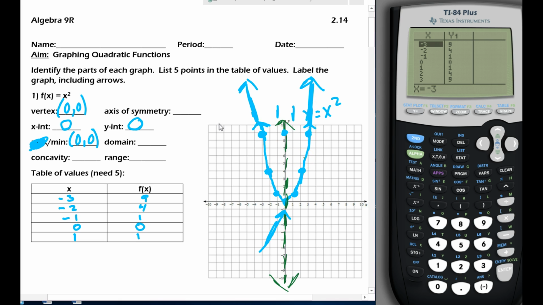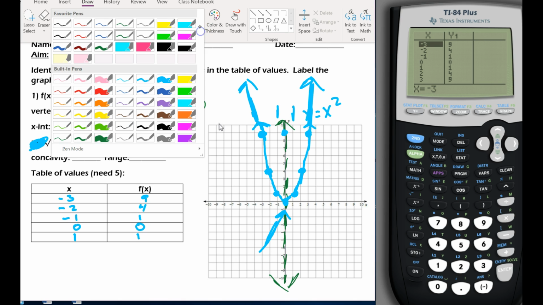This is referred to as the axis of symmetry. It's a vertical line, so it starts with an x, and it actually has the same number as the x value of the vertex. Okay. We said before that this graph is concave up, so we'll keep it that way.